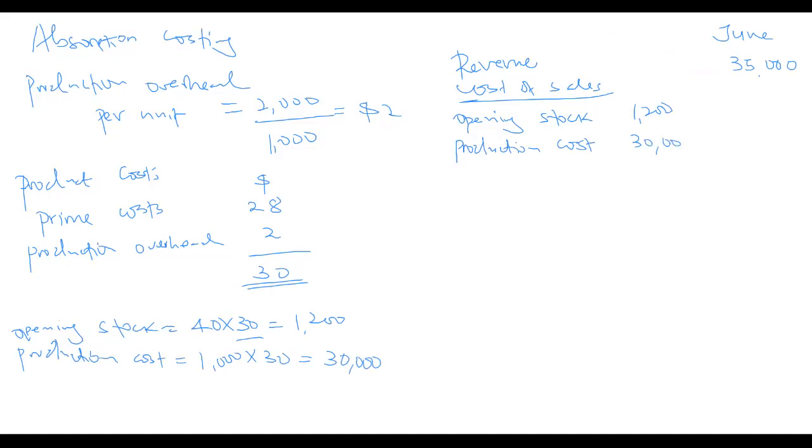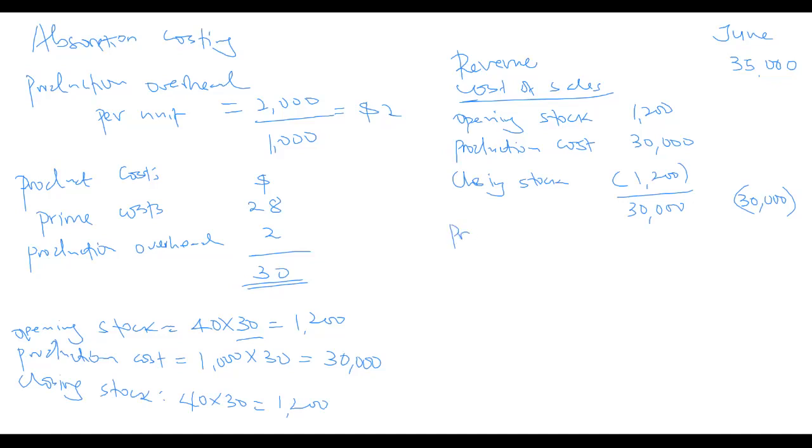We less the closing stock. We still have 40. Closing stock is 40 times 30 to give us 1,200. We less 1,200. The cost of sales, therefore, is equal to 30,000. The net value, 30,000.